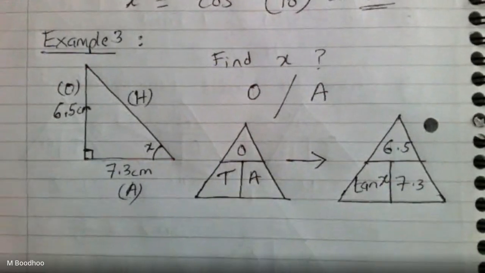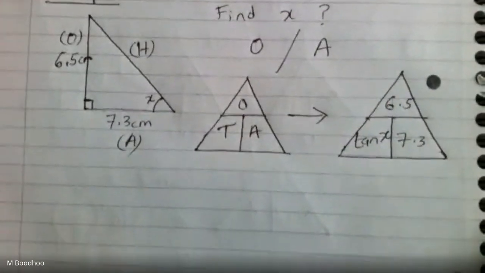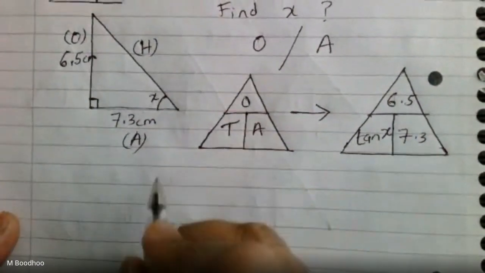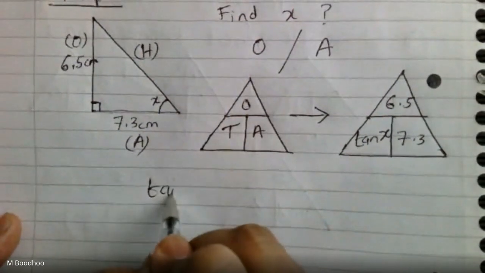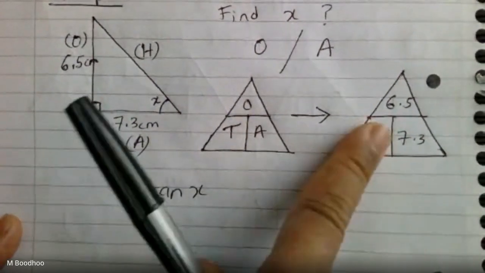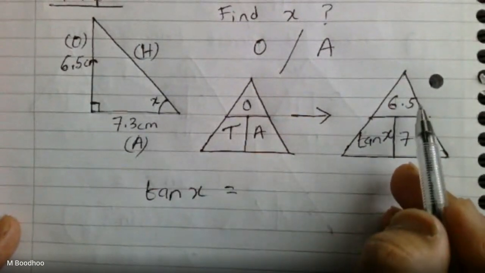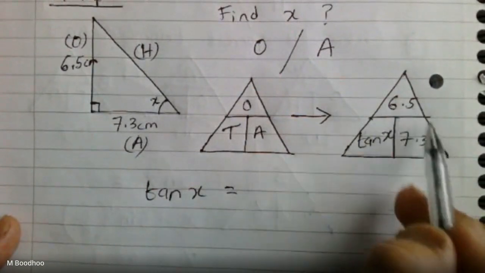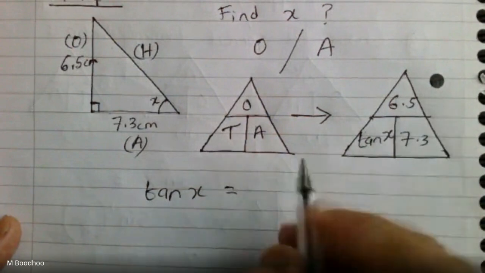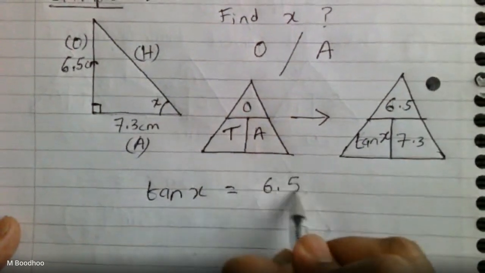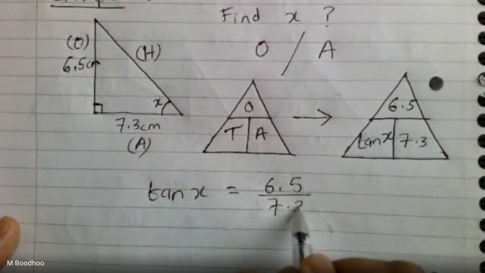Then I'm going to write tan x equals. Which number is on top, which number is at the bottom, you can clearly see from your triangle. So you're going to have tan x equals 6.5 over 7.3.